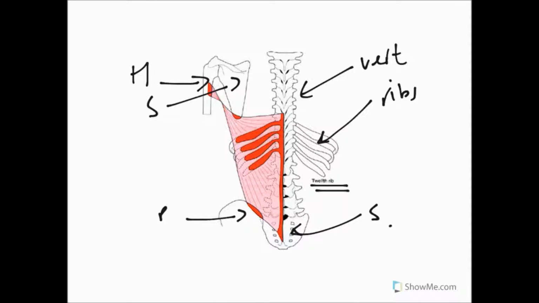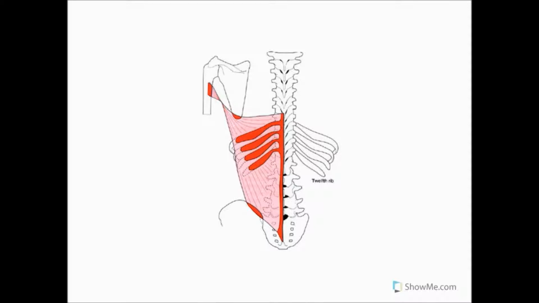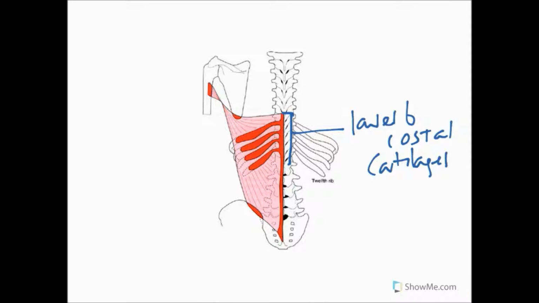So let's just clear that away and let's have a look at some of these attachments. So we have, let's just mark these on, we have here the attachment to the spinous processes of the lower 6 costal cartilages. We also have spinous processes attaching here to the lumbar vertebrae as well, also the SPs, the spinous processes.